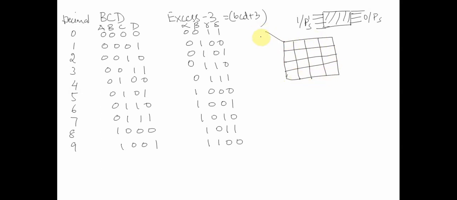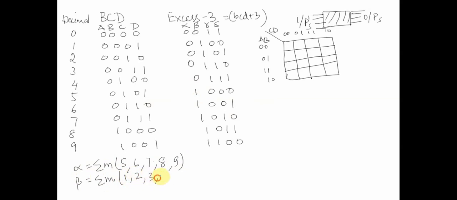This is A, B, C, D, with 00, 01, 11, 10. Now my alpha is 1 for 5. So my alpha is summation m 5, 6, 7, 8, 9. My beta is summation m 1, 2, 3, 4, 9.